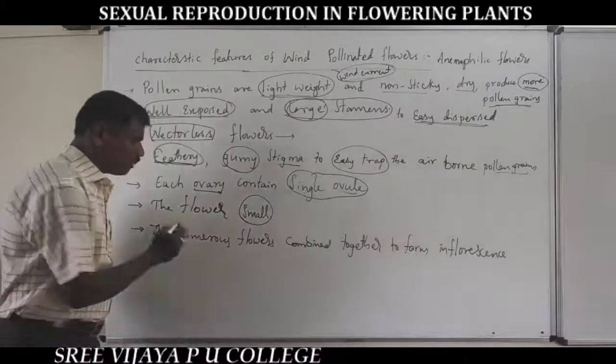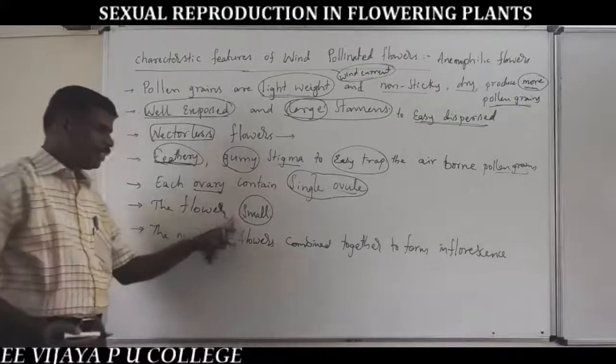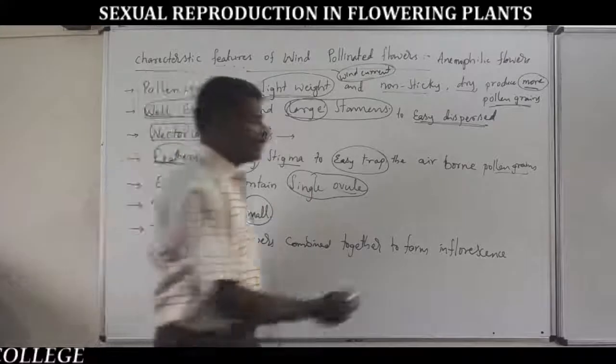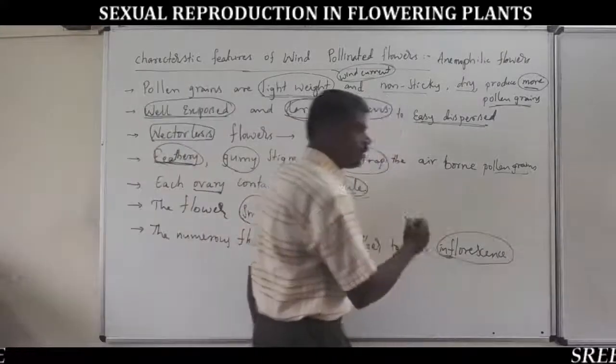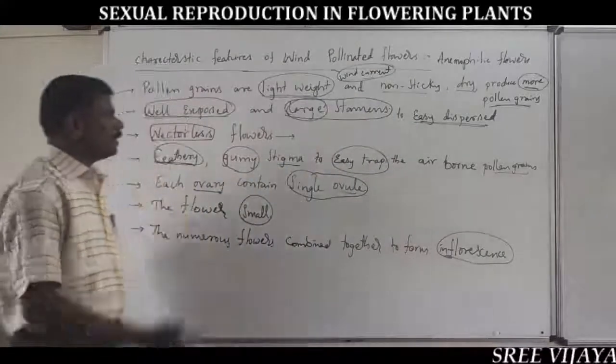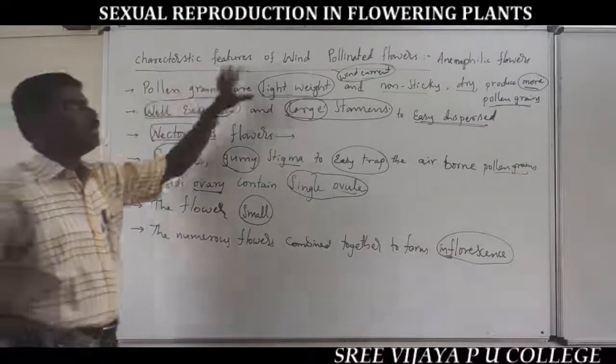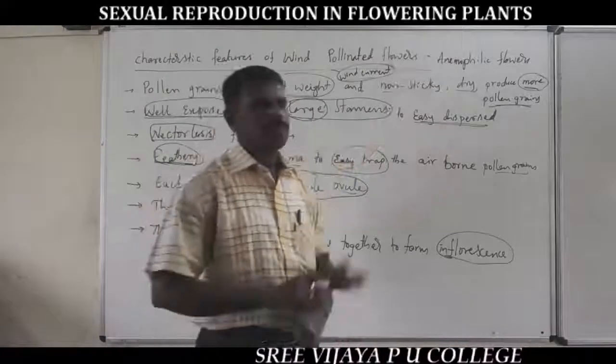So the flowers are small, that is numerous small flowers which combine together to form an inflorescence. These are important characteristic features of wind pollinated flowers.